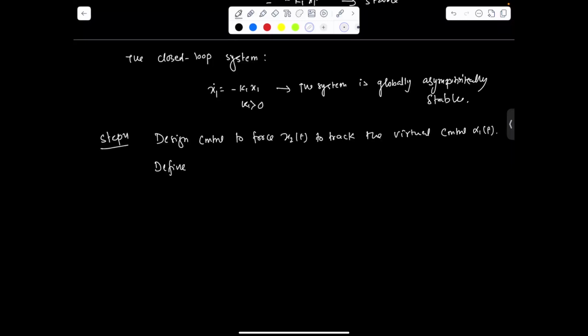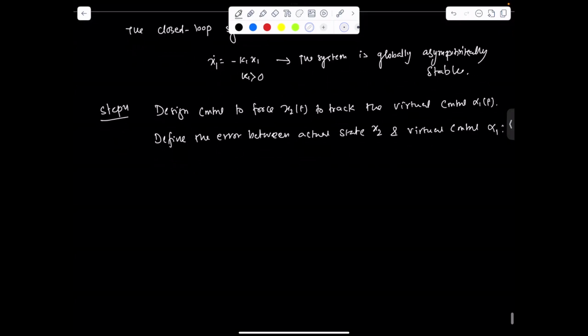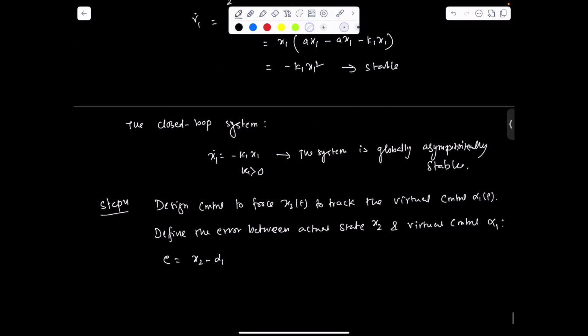So for that, let us define the error between the actual state x2 and the virtual control alpha 1 as e equal to x2 minus alpha 1.